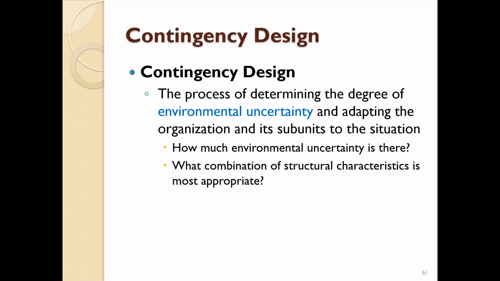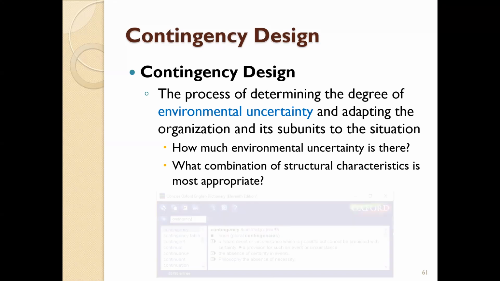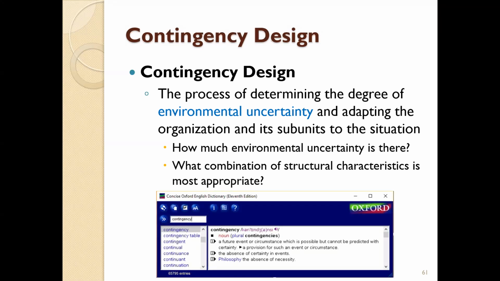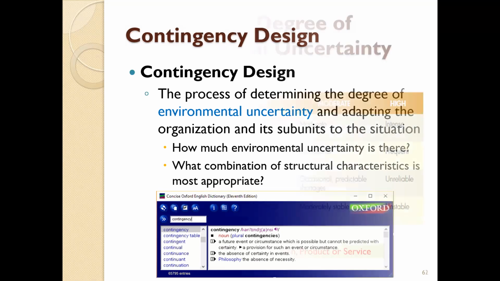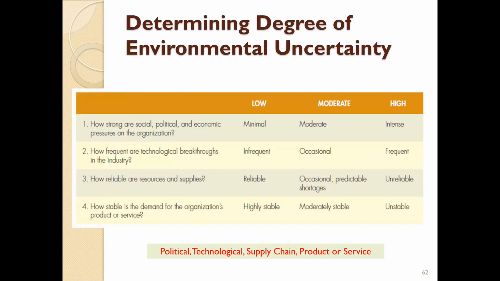Contingency design, the process of determining the degree of environmental uncertainty. Some of these things I think maybe are a bit too much for what you want, but it's okay. We'll see it. Determining degree and environmental uncertainty.